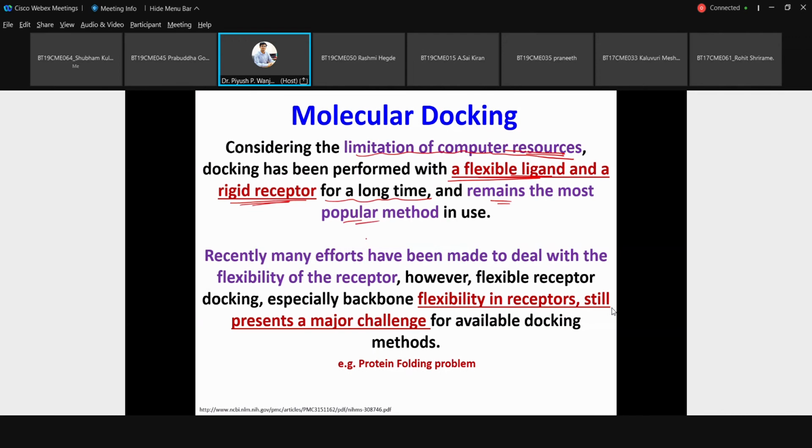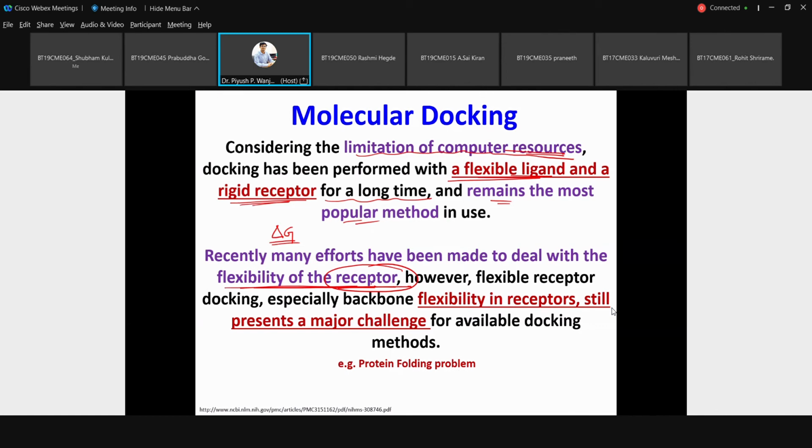But with time, as more and more computational facilities come, people are trying to make even the receptor flexible, because if you want to increase the accuracy, then one day the receptor can perhaps be made totally flexible, and it will give you the most accurate value of what you are calculating. But still it is the major challenge.